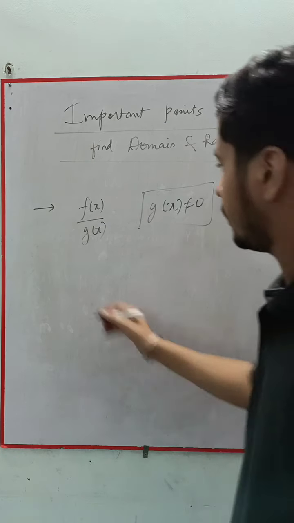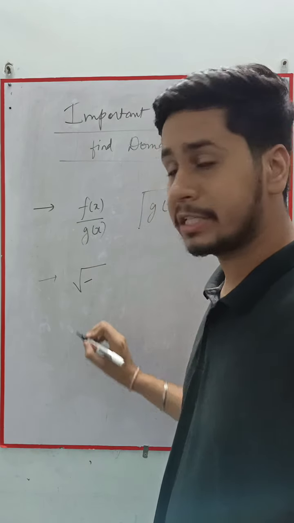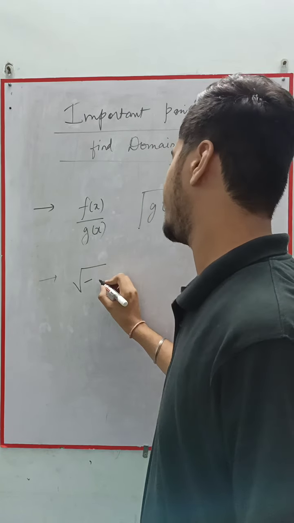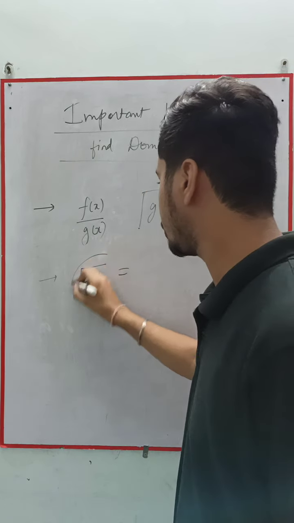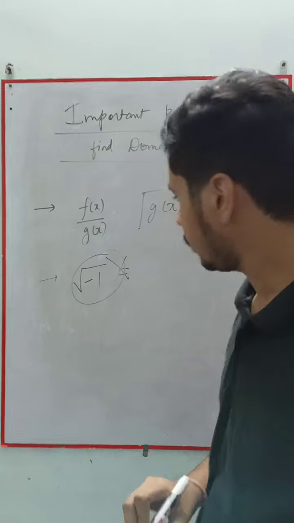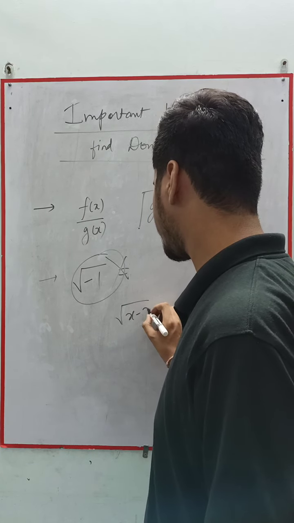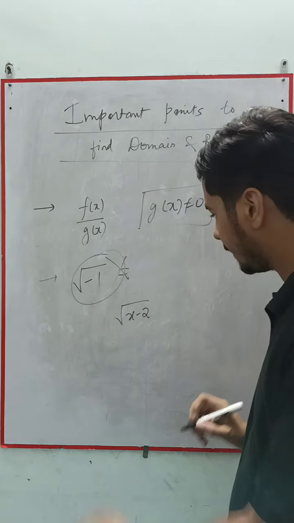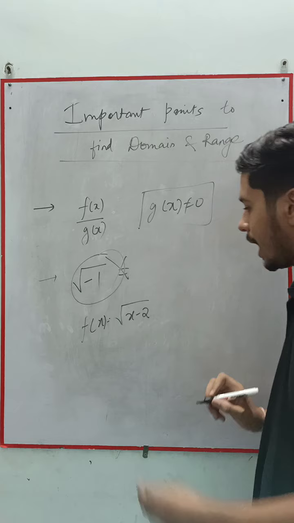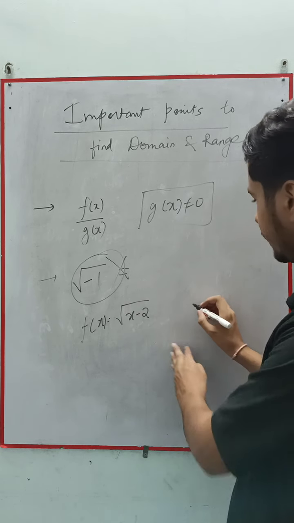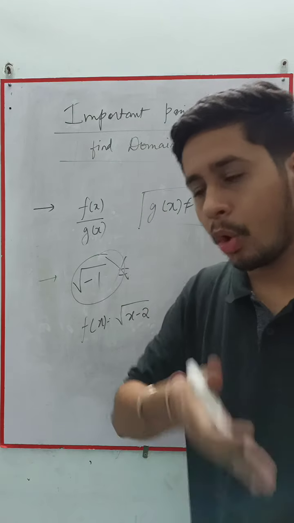Then what else? Under root, a minus term should not be there, for example -1. How? Let's see. Under root of x - 2. Here I'm taking x - 2. So what I need to do is take values of x equal to 2 or more than 2.